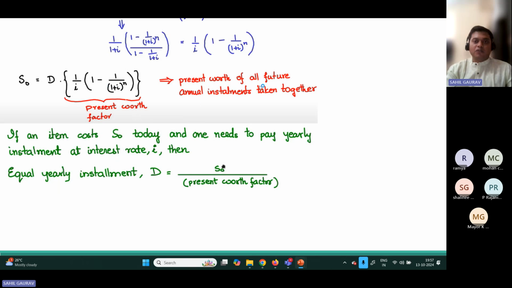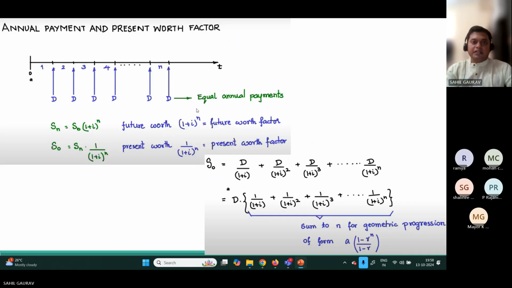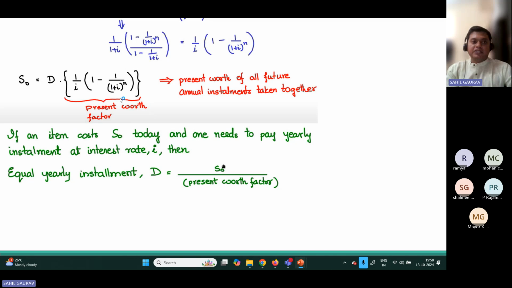It is the present worth of all future annual installments taken together. D is the amount of money you pay each year, and the value of money today comes from this expression. So you have to keep this in mind. This expression is very important.